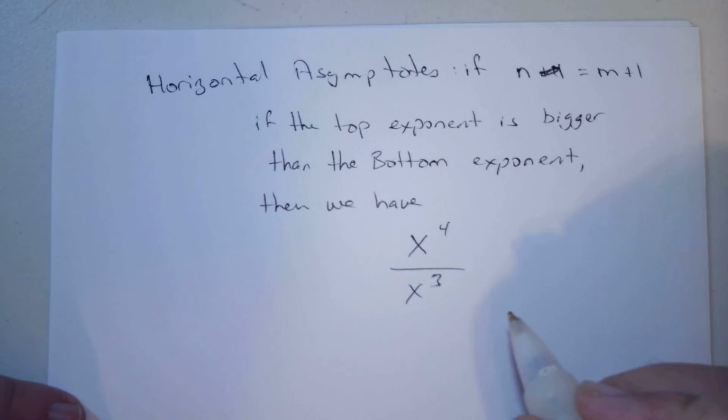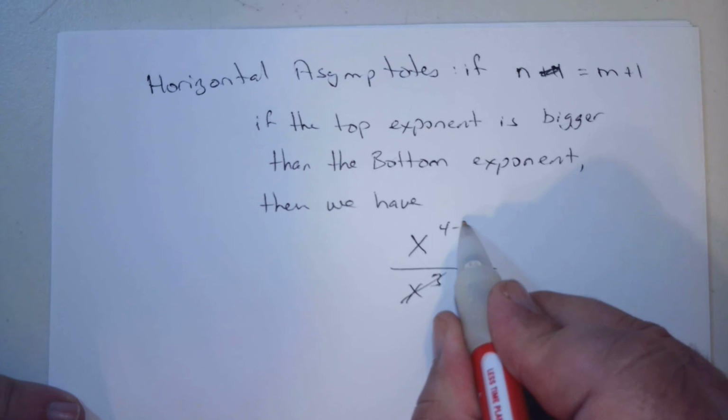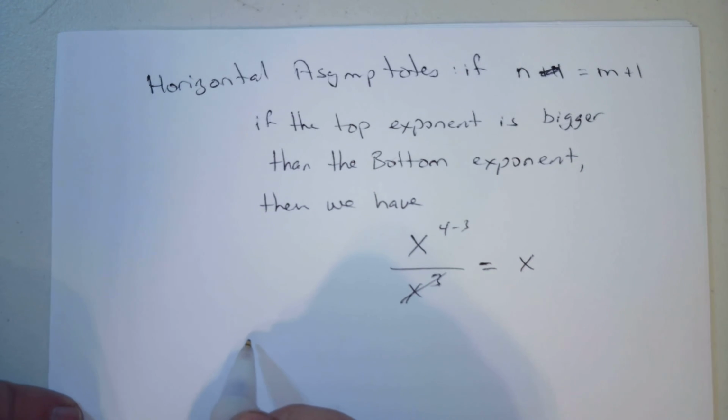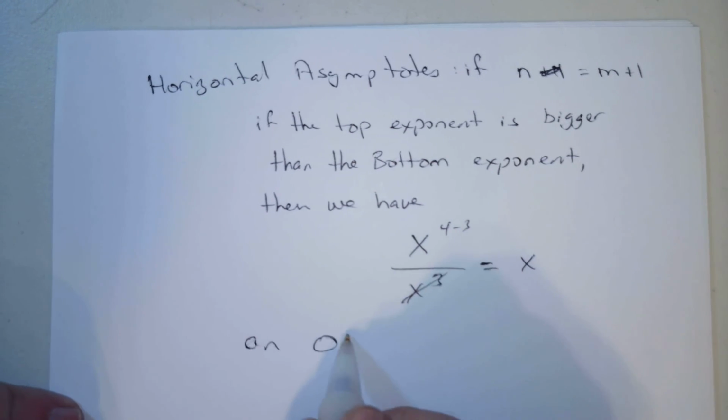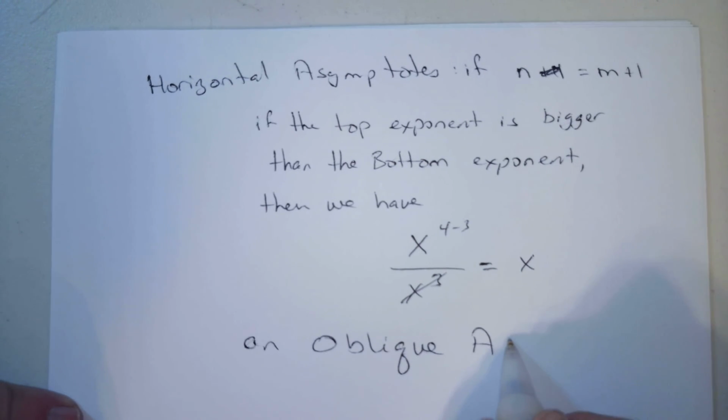If there's a difference of 1, so these cancel, so we just have x, then we have an oblique asymptote.